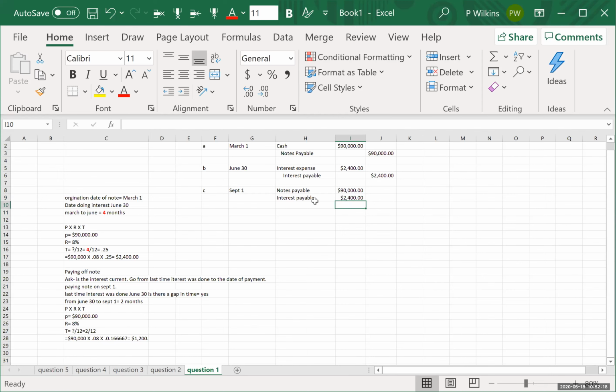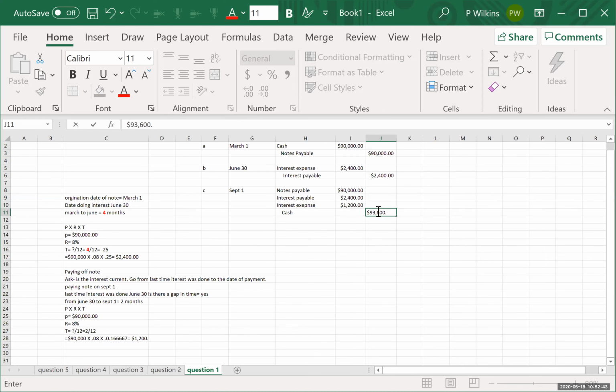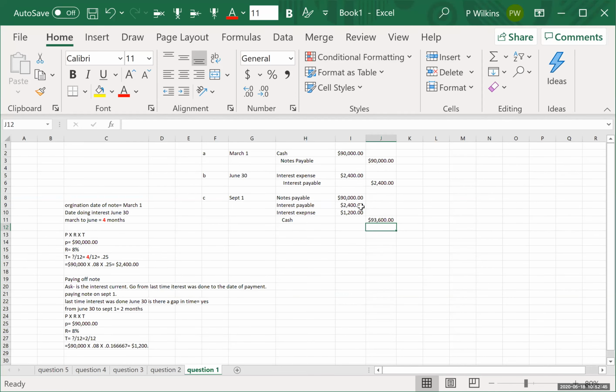We're then going to debit interest expense for the amount of interest you just figured out, to bring the interest expense current. That's $1,200. And then we are going to credit cash for the total of all of those. So we're going to be paying $93,600, which is the total of the note, the interest payable of $2,400, and the interest expense of $1,200. All right, so that's the question number 1.